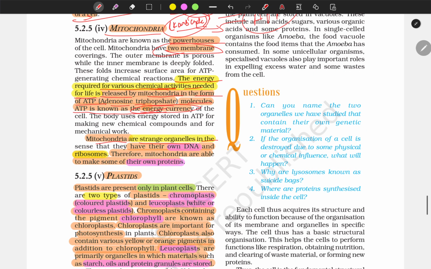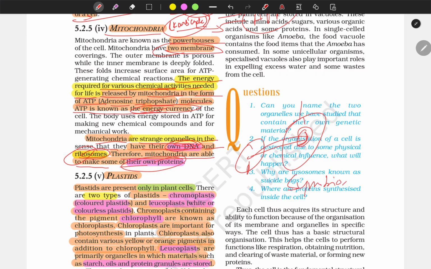So mitochondria are strange organelles in the sense that they have their own DNA and ribosomes. Therefore, mitochondria are able to make some of their own proteins. So why do they have their own DNA and ribosomes? There was a theory in evolution that there were two types of cells, and one type of cell was engulfed by another type of cell, and they were living in symbiosis.